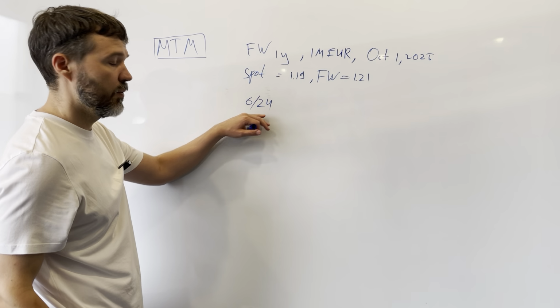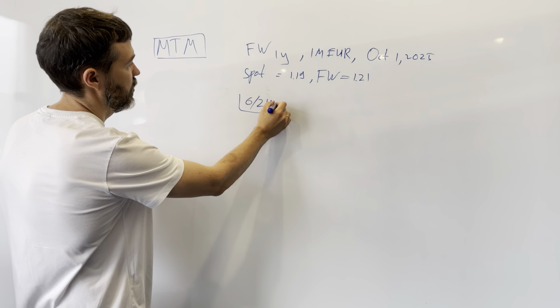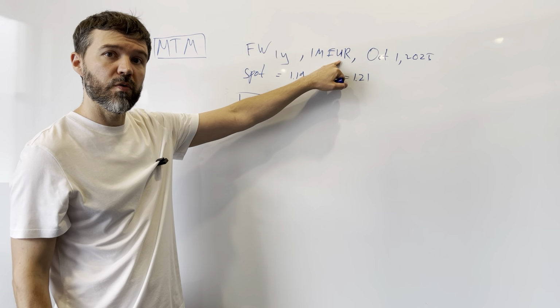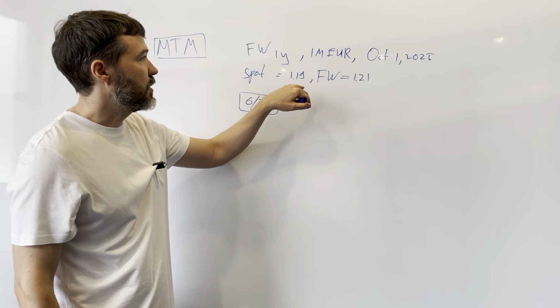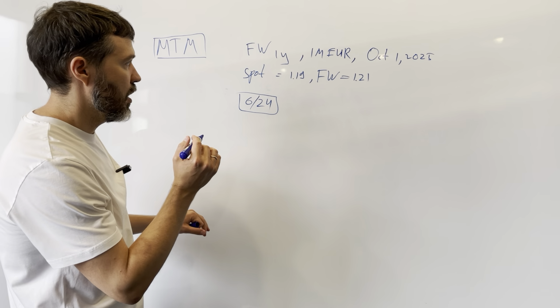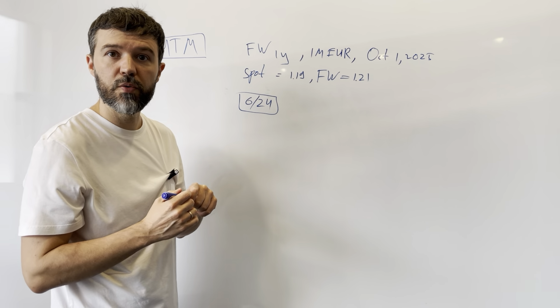And now it is June 24, and you're trying to understand what's the value of your position for your €1 million forward contract with a maturity date of October 1st, 2026. What do you normally do?